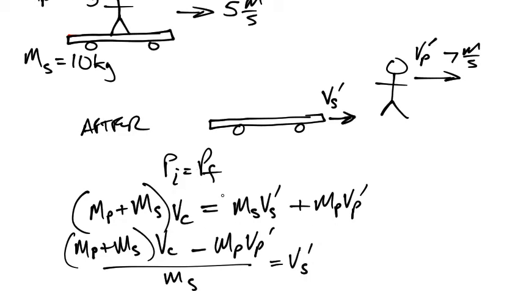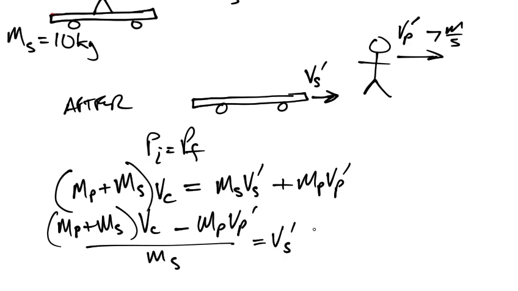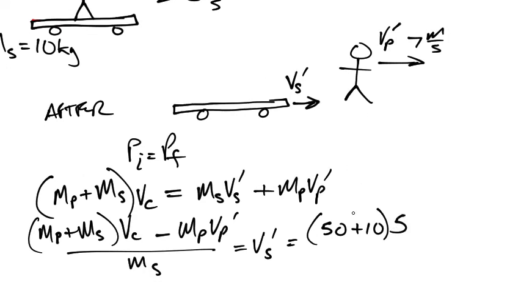Now all I have to do is plug in my numbers. Okay, so I've got 50 plus 10 times 5. I'm leaving off units here, but these are kilograms and this is meters per second.